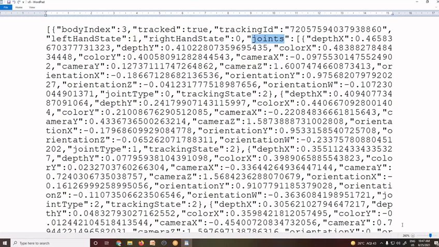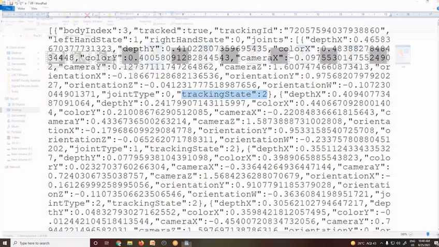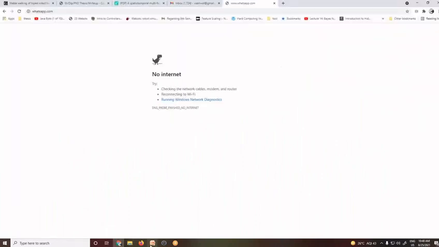So for joints, we are getting depth value, depth x, depth y, color x, color y, camera x, camera y, camera z, orientation x, y, z, w, and then the joint number 0, 1, 2, 3, whatever: hip joint, knee joint, ankle joint, neck joint, shoulder, whatever. And the tracking status: if it is 2, it is perfectly captured; if it is 1, it is inferred; if it is 0, then it is not perfectly captured.